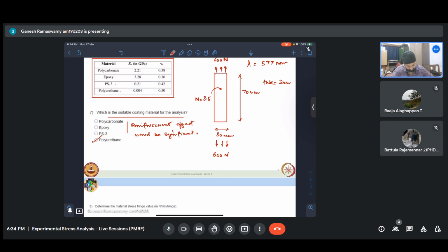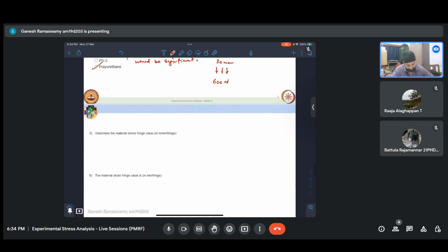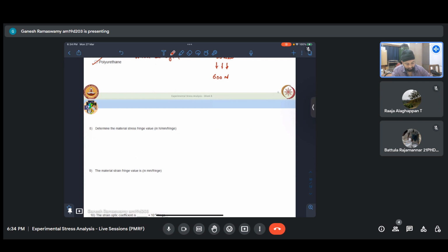Okay, so determine the material stress fringe value. We are given that this is a case of uniaxial tension. Load is 600 Newtons distributed over an area of 30 wide and 2 thick.